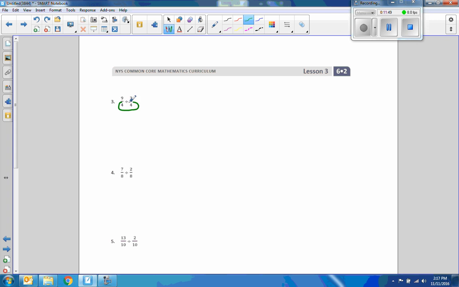Okay. Again, our denominators are the same. So 9 divided by 3 equals 3. Nine quarters.